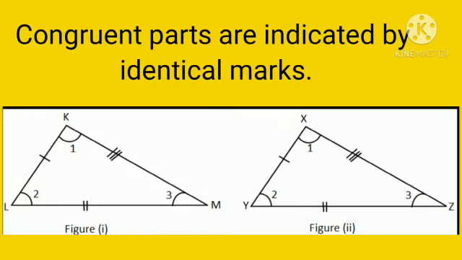XYZ. Note, congruent parts are indicated by identical marks. For example, in the given figure, in triangle KLM and triangle XYZ, side KL and side XY are indicated by the identical mark.